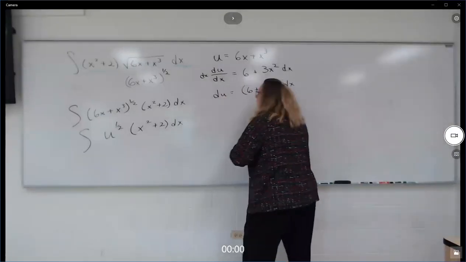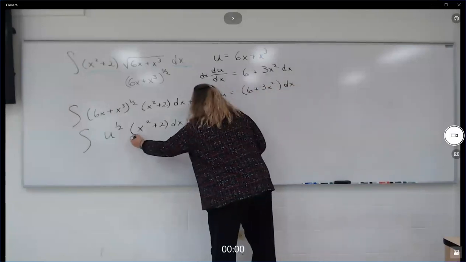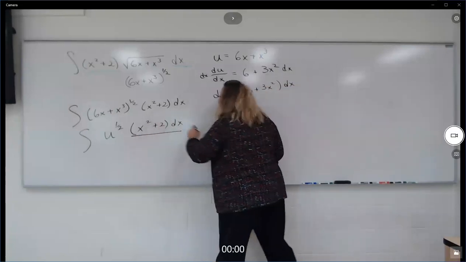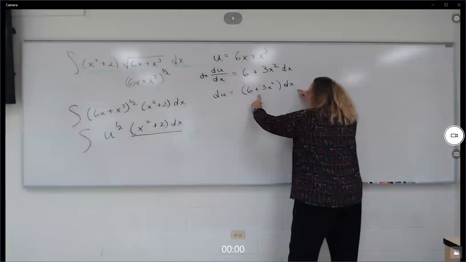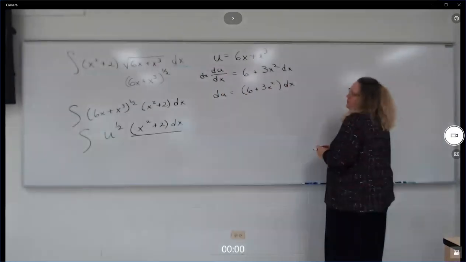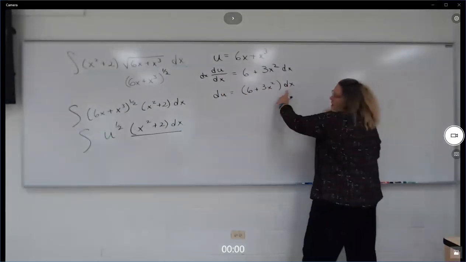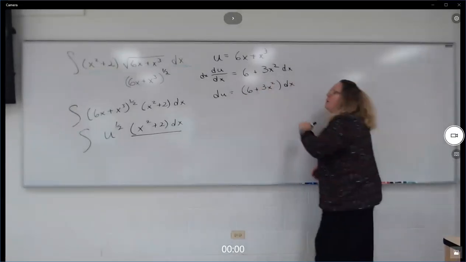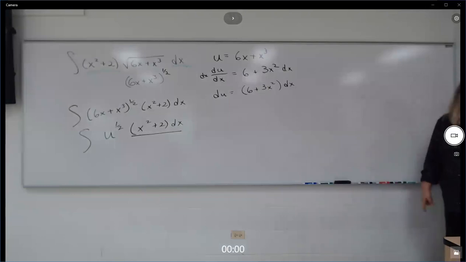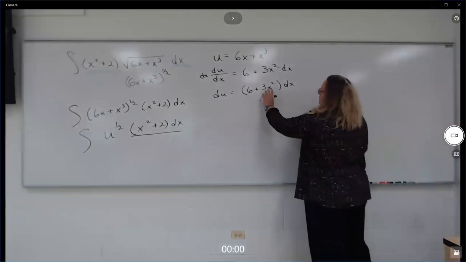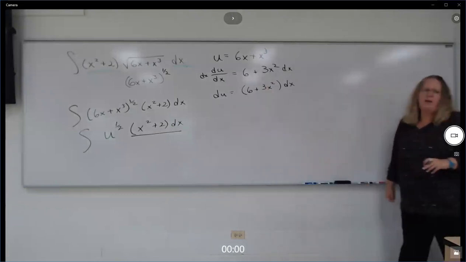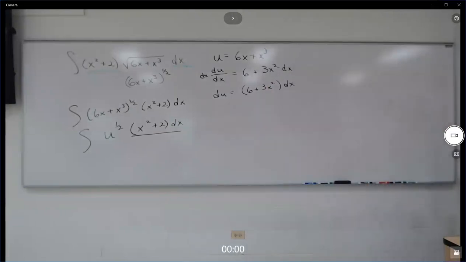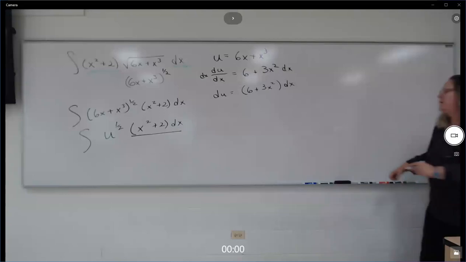Yeah, she said, okay, I have to match this. I cannot change this. Can I get this to match that? Well, I got the dx. There's a lot of similarities here. I have to factor out a 2. Sorry, not a 2, I have to factor out a 3.